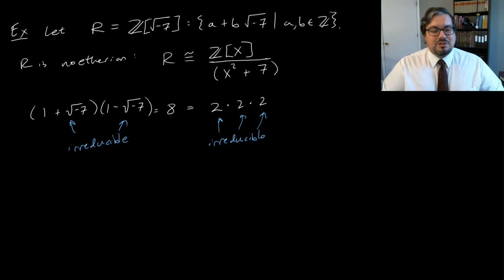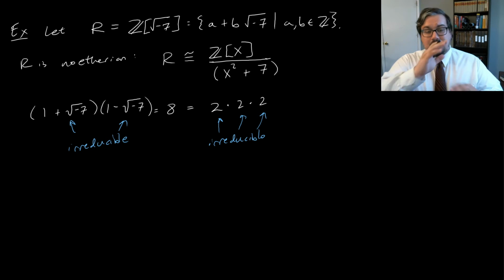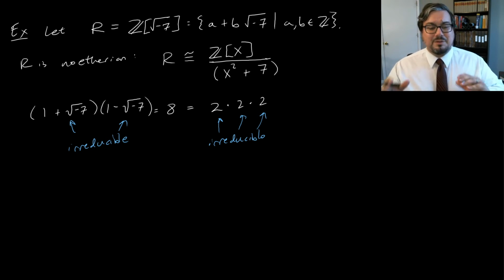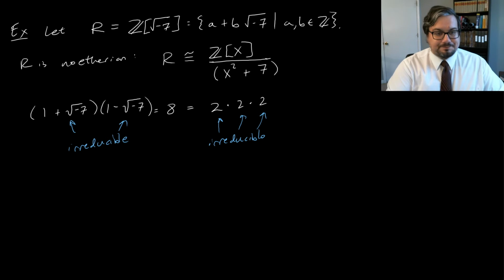So we want to define some sort of stronger notion of factorization that will cut out rings like this that don't factor elements well, and really focus on those rings that have good factorizations. And that's where our next definition comes in.